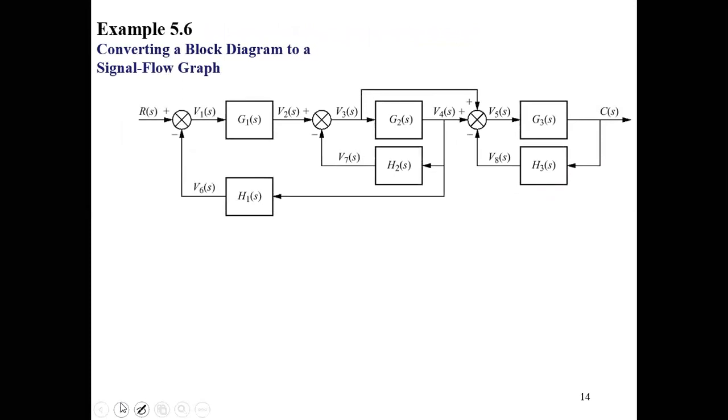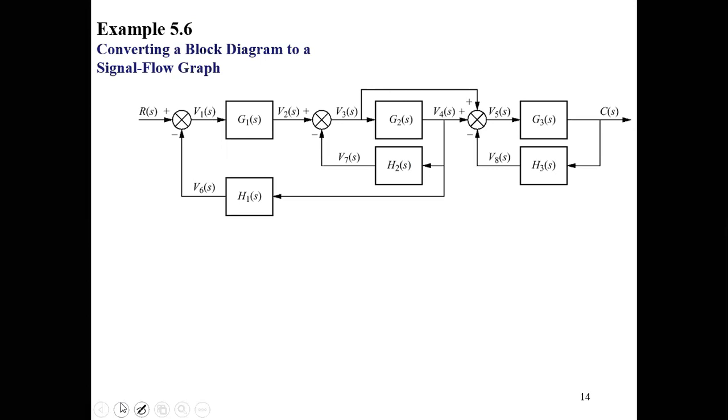Let's solve our second example. We previously solved it in the previous lecture in the form of a block diagram. We converted this block diagram into one transfer function by the method of reduction of block diagrams. In this example, we will convert the block diagram to a signal flow graph.